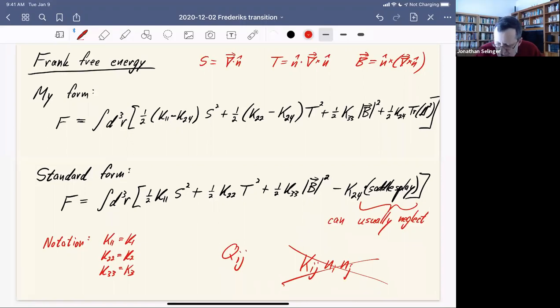They are just labels. And so it would be even better to say K sub splay. That would be a nice label, wouldn't it?